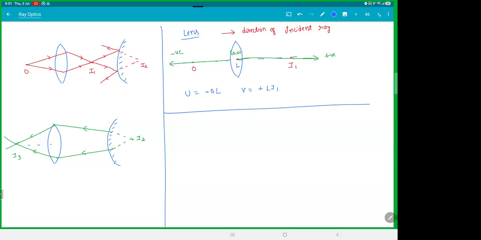Great. Then you ask the mirror, who is your object and who is the image? For the mirror, now I1 is your object and I2 is your image. So the rays are going again this way.